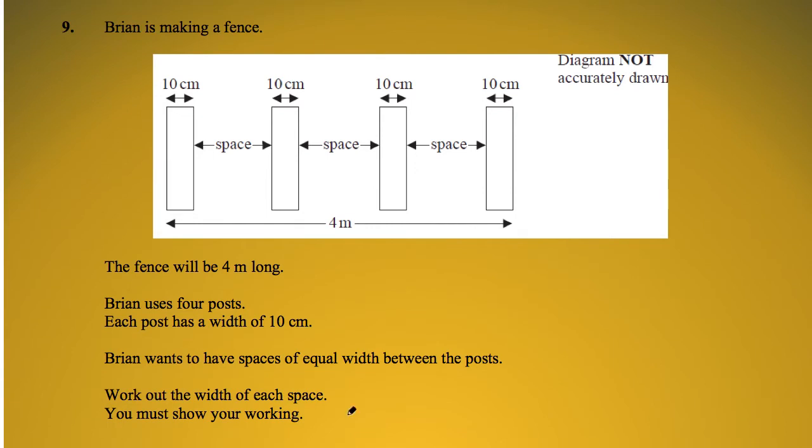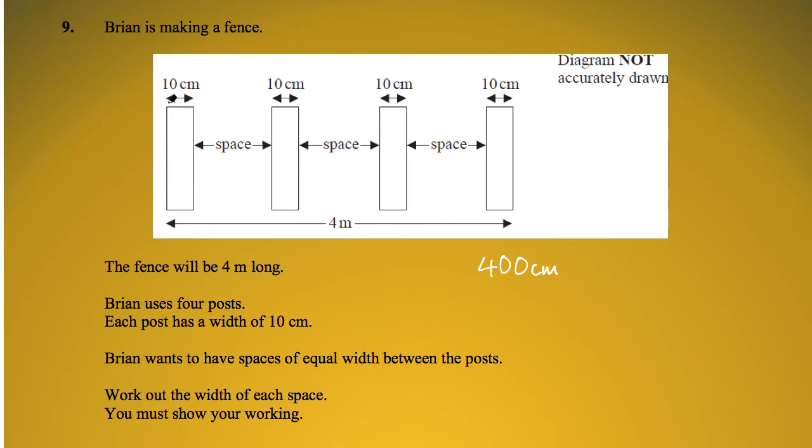Okay, so this has got units in it, and it's also got logical thinking and problem solving. So the fence will be 4 meters long, and we're dealing with centimeters though here. So let's turn the whole thing first of all into centimeters. We're going to have the fence that is 400 centimeters long. And you're thinking, presumably, of dividing that into either 4 or 3 to give the spaces.